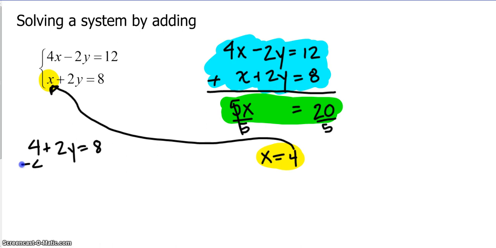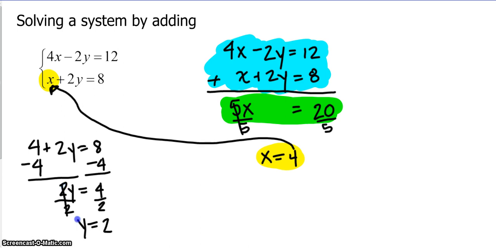I'm going to subtract out the 4 from both sides, getting 2y equals 4. I'll divide both sides by 2, and I get a solution for y in which y is equal to 2. So the answer would be x equals 4, y equals 2, or most commonly we show it as an ordered pair.